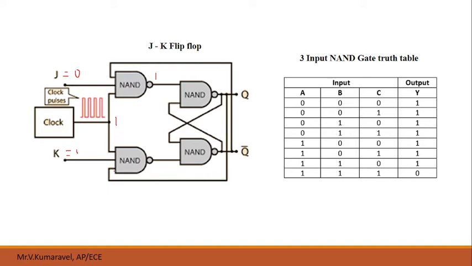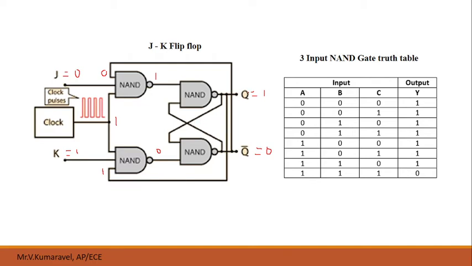Based on your third input, your output of NAND 2 will vary. Now let us consider Q equal to 1 and Q bar equal to 0. So now this 1 is applied here, and 0 is applied here. Then NAND gate 1 output is 1 and NAND gate 2 output is 0.